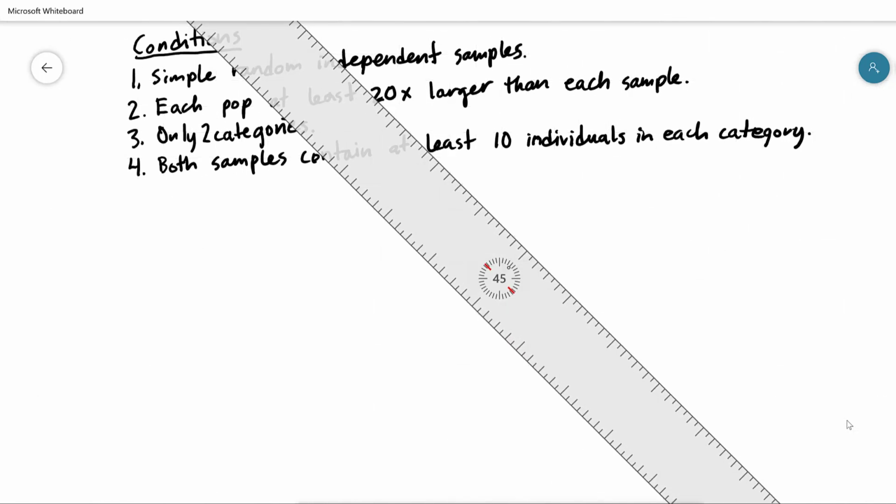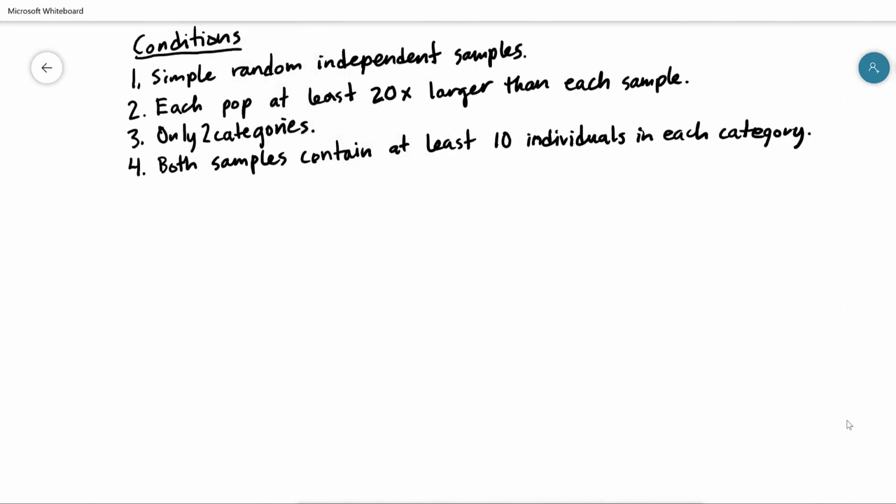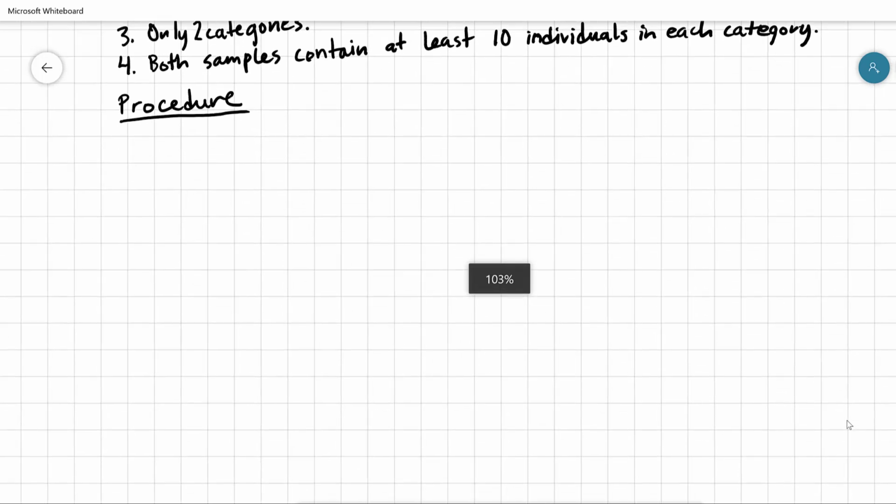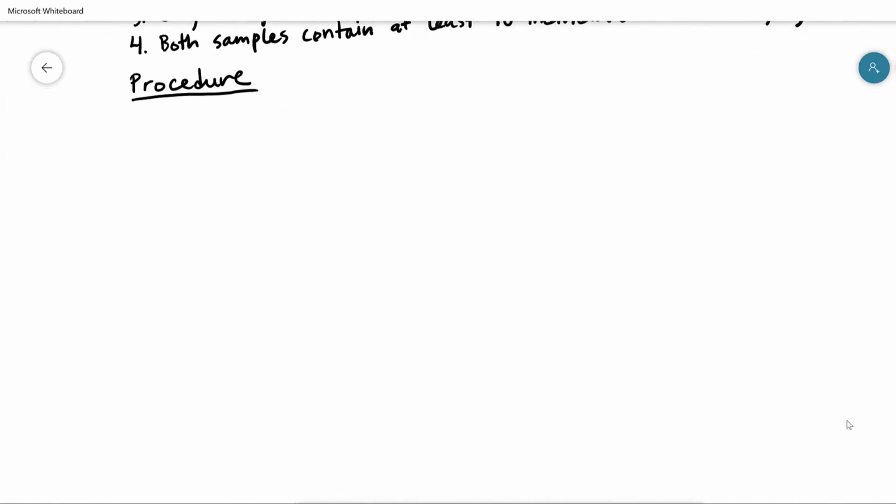And the procedure for this should also look familiar. It's the same 6-step procedure that we've now done, I don't know, 4 or 5 other times. So step 1 is always state the null and alternate hypothesis.